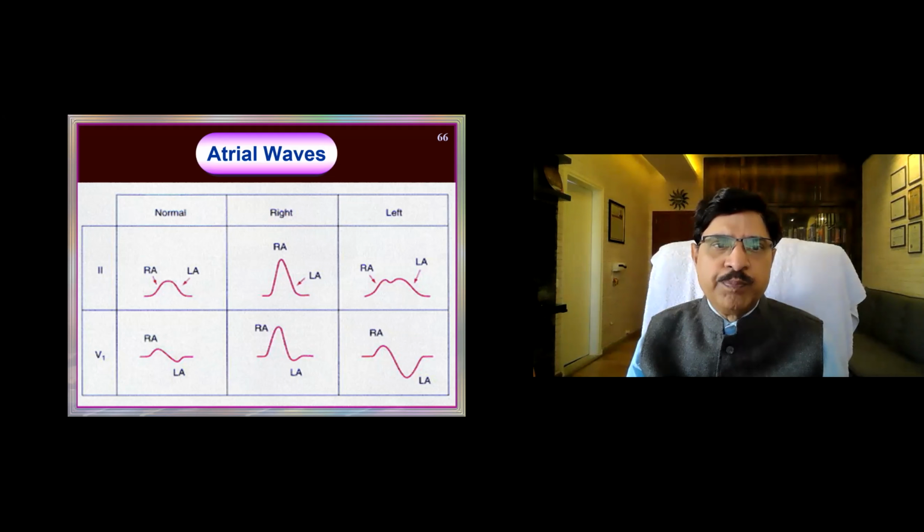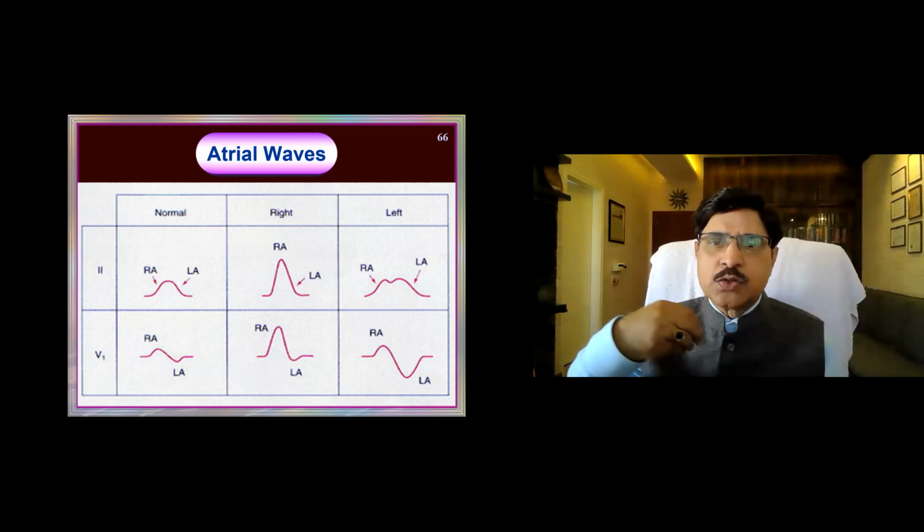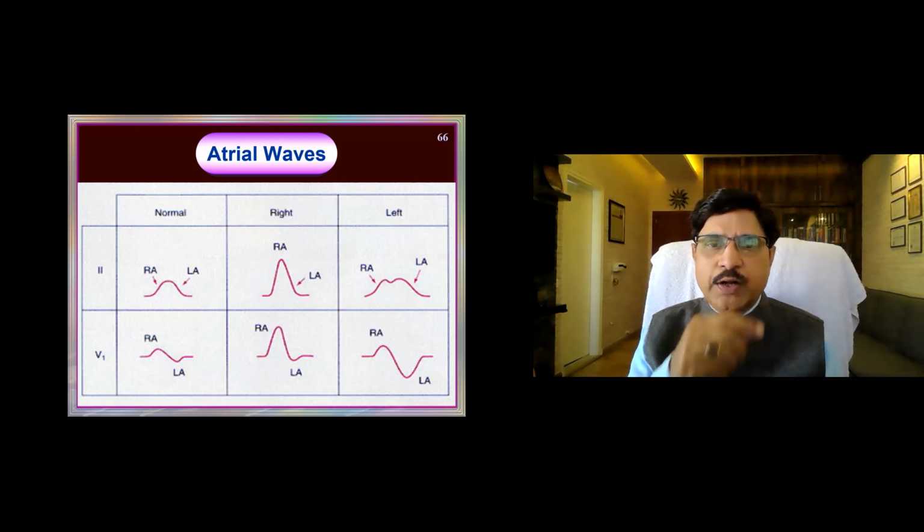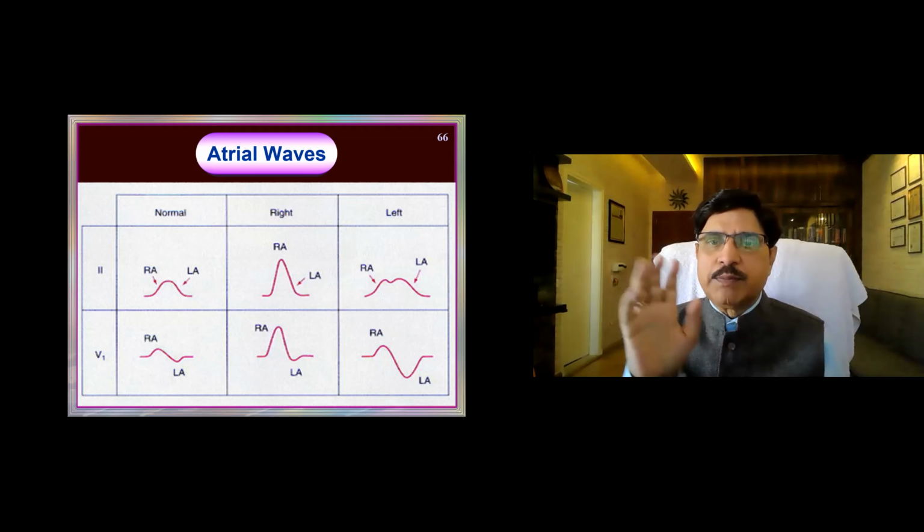Okay. Now, let us look at V1. V1 is oriented here. It is right on the right atrium. So an impulse coming towards the lead will register a positive deflection. So the RA wave will be positive, and the left atrial impulse is going away from the lead, so naturally the left atrium produces a negative deflection. So V1 shows a biphasic P wave.